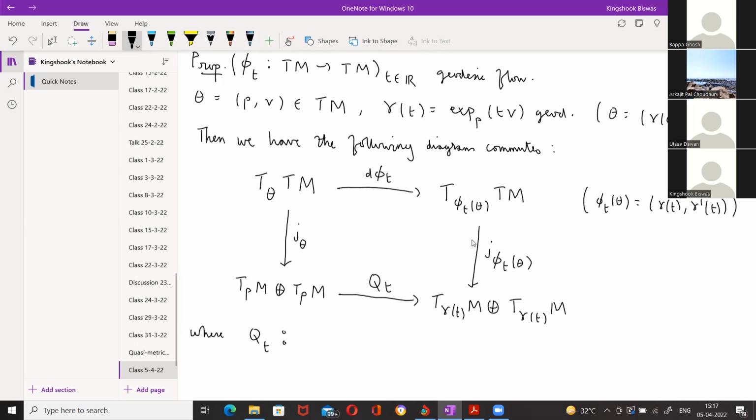It maps, so I take a pair of vectors in T_pM, (v, w). So these I can write uniquely for some unique Jacobi field as (J(0), J prime(0)), right? Yes, we can do that. And then I can look at this Jacobi field at time t, and I look at its conditions at time t. So this maps to (J(t), J prime(t)). Okay.